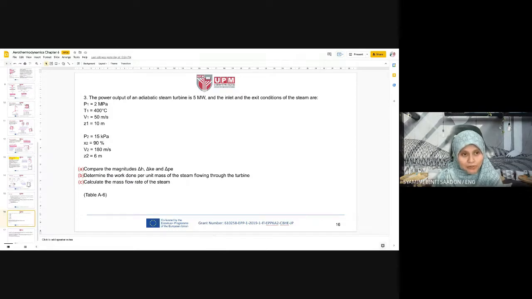A gas turbine cycle is the name of a thermodynamic cycle. When we mention gas turbine cycle, it means the whole process of the cycle, which includes the compressor, compression, evaporation or combustion chamber, combustion process, then expansion, and lastly condensation.